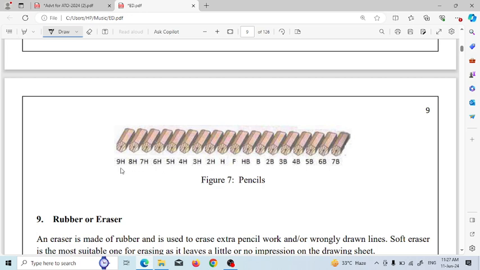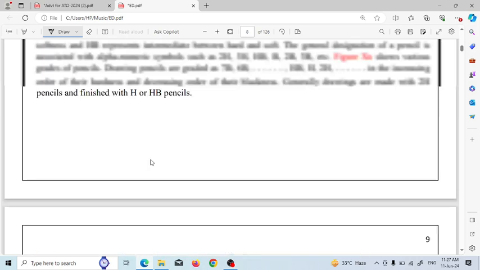That means as hardness increases, blackness decreases. So 9H has less blackness, and 7B has greater blackness. B represents blackness and H represents hardness. So 7B means 7 is greater than 6, that means 7B has greater blackness than 6B, but less hardness. And 9H has greater hardness than 8H.